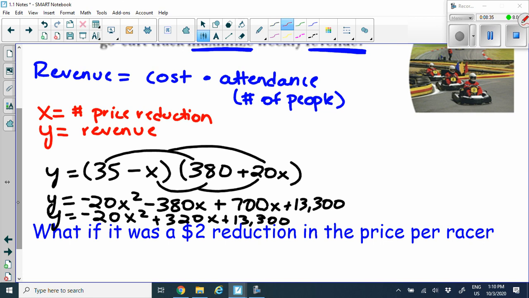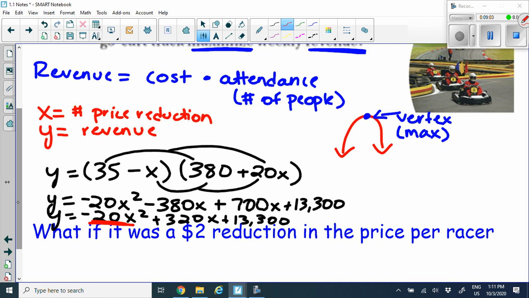Well, that should make you think of the vertex. Remember, the vertex is your minimum or maximum. But let's look at our A value. We have negative 20x squared. So which way is our graph going to open? Is it going to open up or down? It is going to open down. So that means our vertex is going to be a max, or maximum, okay?